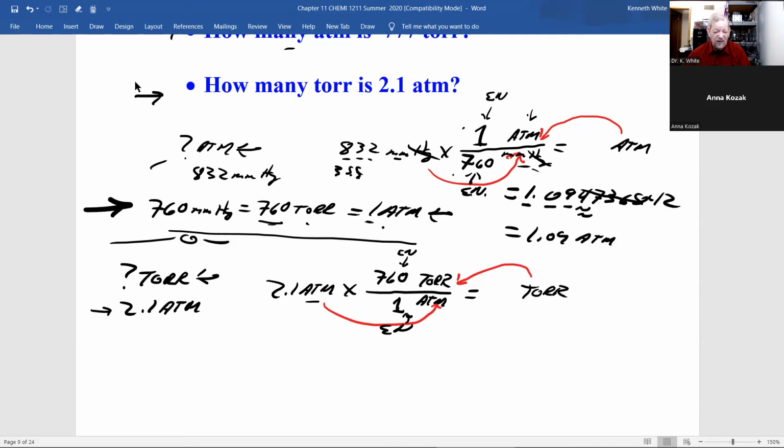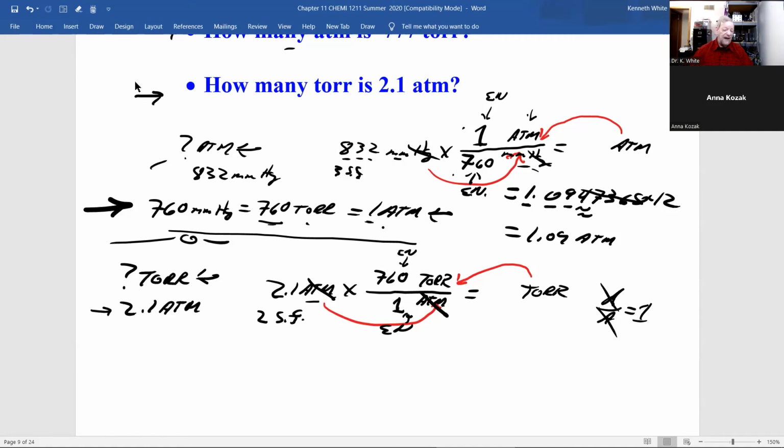And notice this number right here is two significant figures. So in a multiplication division, my answer should have two significant figures. Now, before I pick up my calculator, notice atmospheres divided by atmospheres cancel out because anything divided by itself equals the number 1.